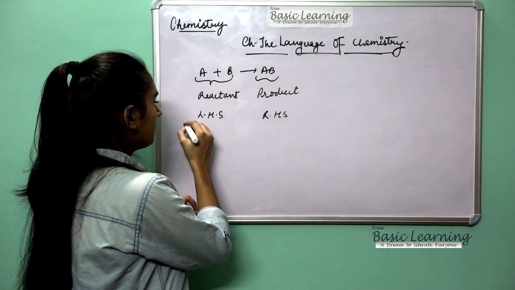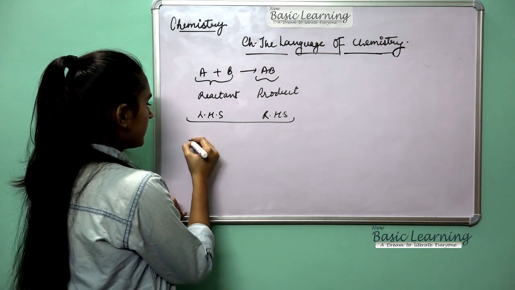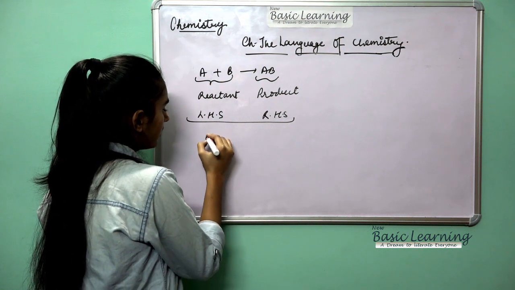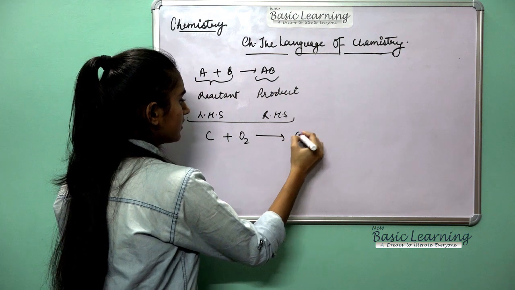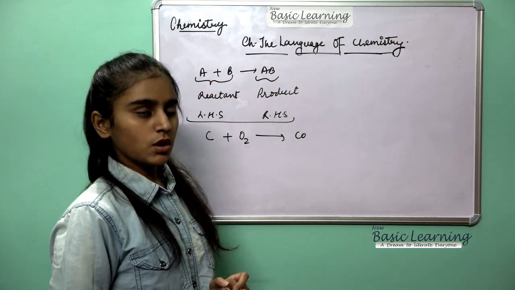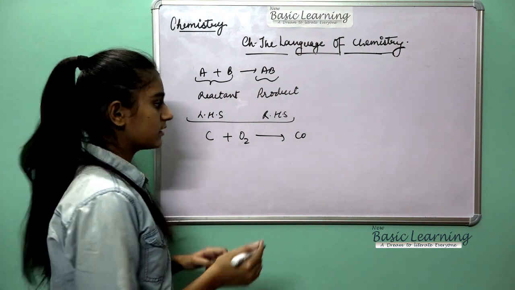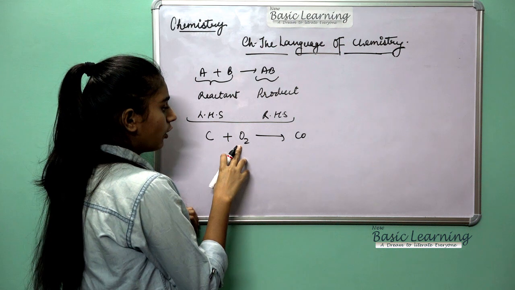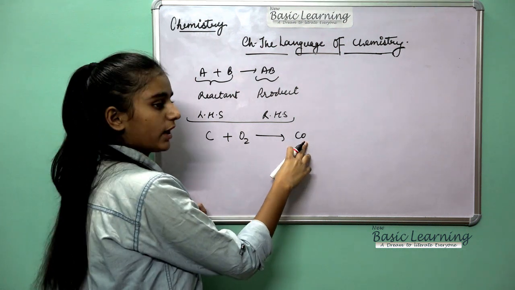Now we will do the hit and trial method. Suppose the example given to you is C plus O2 gives CO. So we will first count the number of moles. C is here, C is also on the product side, O is here on the reactant side, and O is also on the product side.